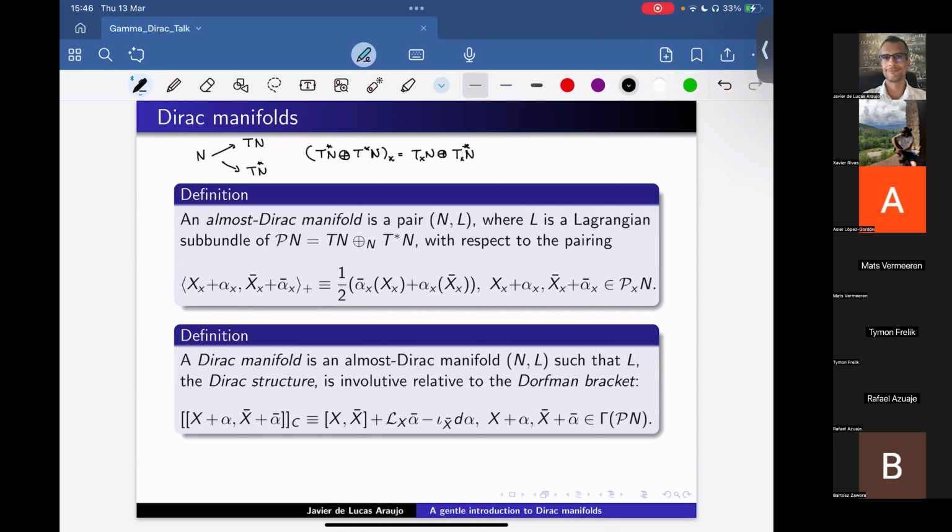In the literature it's called the generalized tangent bundle, the Pontryagin bundle. It has many names. The thing is, this structure contains simultaneously vectors and covectors. Now, to describe symplectic, presymplectic, and Poisson manifolds as particular cases geometrically, we are going to describe something here.